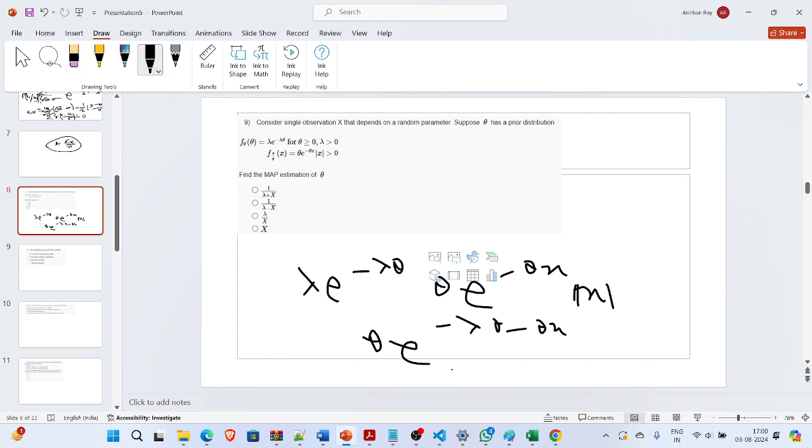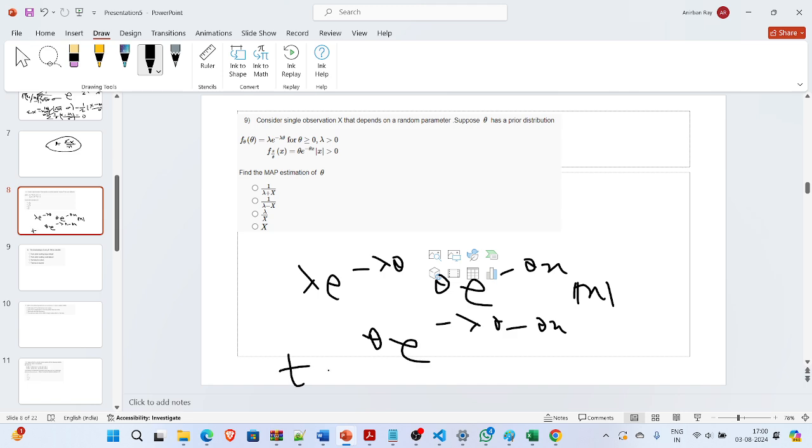Next we differentiate with respect to theta. So this is e to the power, just write it as t. Leave theta alone and differentiate this.